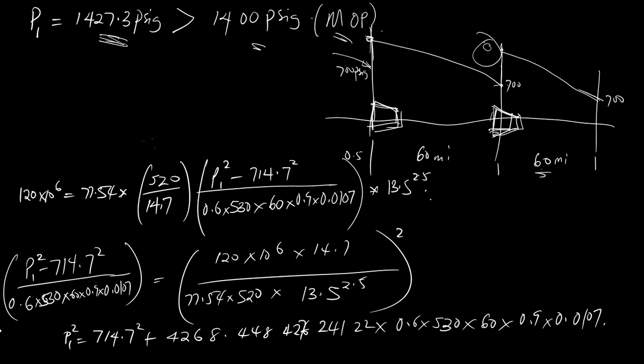So I just say times 0.6 times 530 times 60 times 0.9 times 0.0107 plus 714.7 square equals to this.